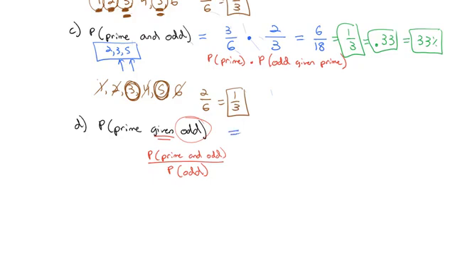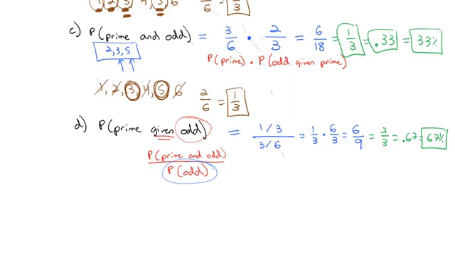Well, we've already calculated the probability of prime and odd in part C. That is 1/3, divided by the probability that it's odd. Well, 3 out of 6 are odd. And if we multiply by the reciprocal, we get 1/3 times 6/3, which is 6/9, which reduces down to 2/3, 0.67, or 67%, depending on the format we want to give our answer in.